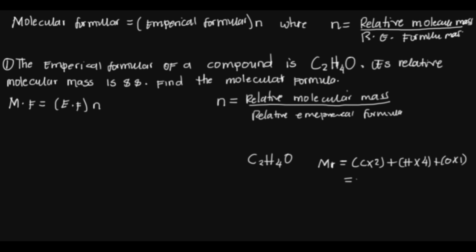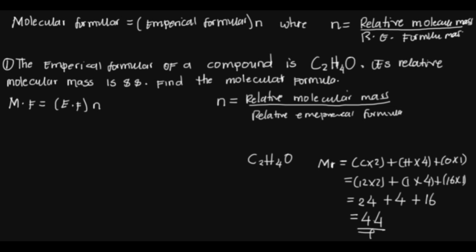The mass number for carbon is 12 times 2, plus 1 times 4, plus 16 times 1. 12 times 2 is 24, plus 1 times 4 is 4, and 16 times 1 is 16. 24 plus 16 is 40, plus 4, that is 44.